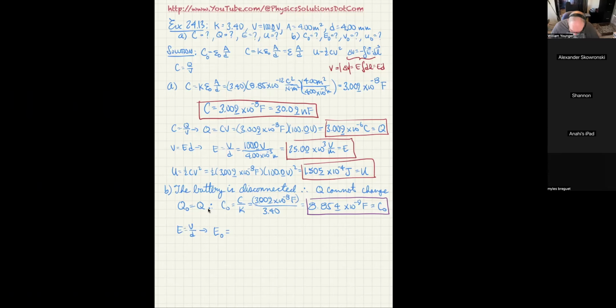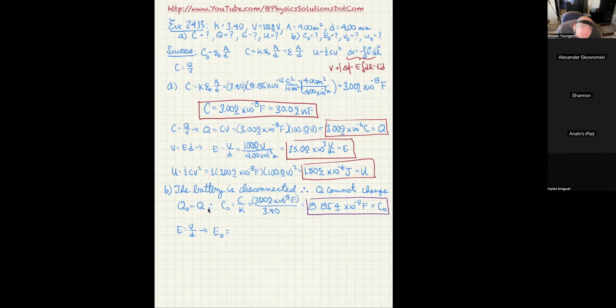Well, what we know caused that is that since the battery was disconnected, the Q can't change. And since the Q can't change, that means the only way we can change C from Q over V to C0, which is without that K, is not by changing the Q, but by changing the V. And the only way we can get that is we have to actually increase the V by a factor of 3.